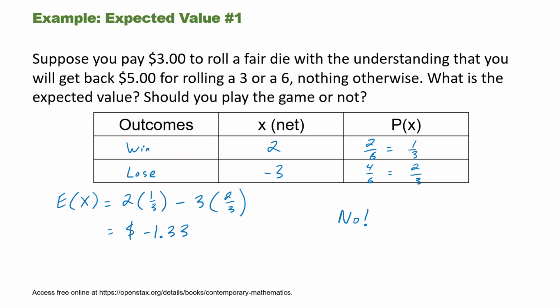But that aside, there are lots of games like this, and they should have a negative expected value if the goal is for it to persist. Now there are games that are called fair games that have a net result or an expected value of 0. Like in the long run, you don't really expect to lose money. You don't really expect to gain money. They're just for fun. But this is definitely not what we would call a fair game.